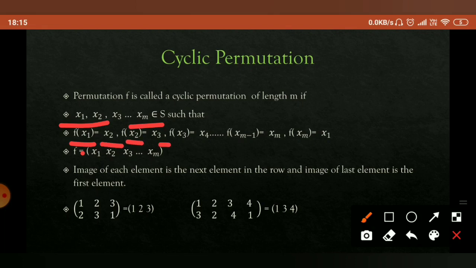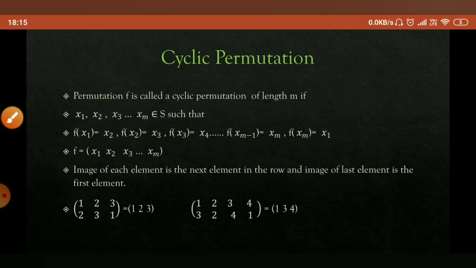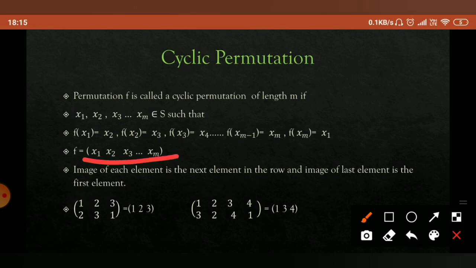That means each element is the image of the previous element, right? So the way of writing them in this manner is that the image of each element is the next element in the row, and the image of the last element is the first element, so that it completes the cycle.